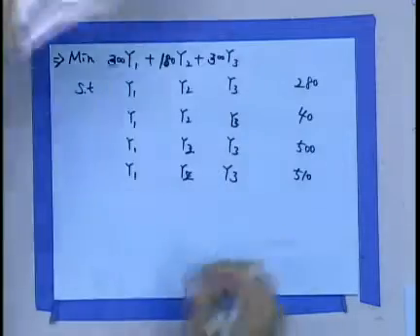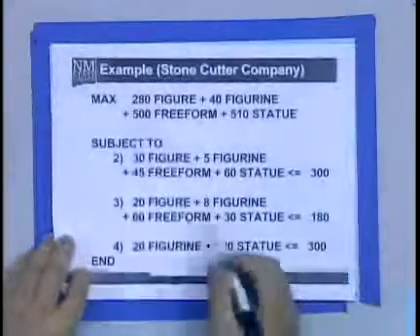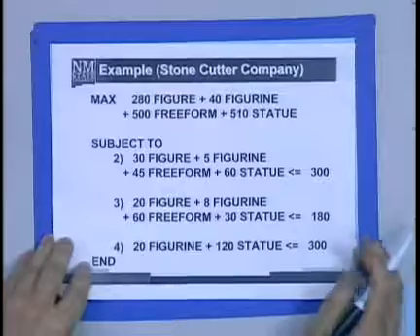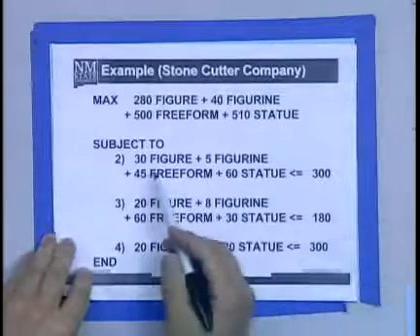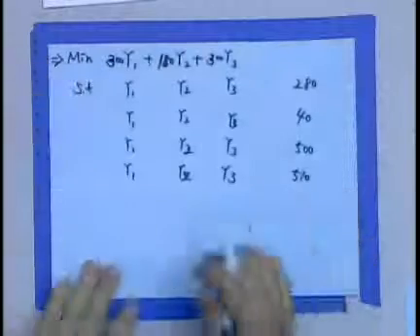And the transpose of the constraint coefficients in the primal problem becomes the dual constraint coefficients, right?